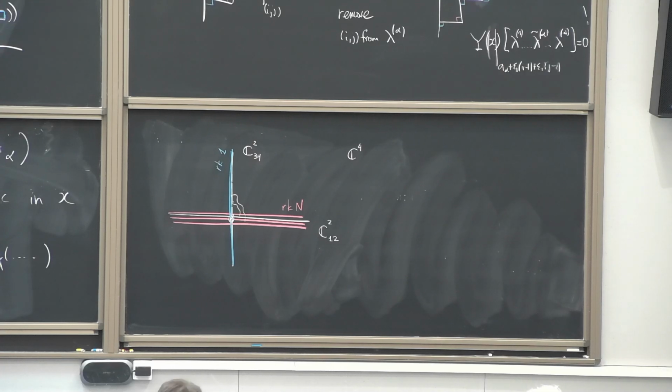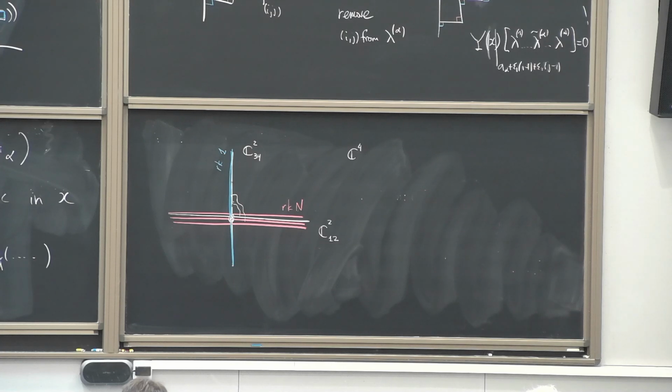So in fact, the way I understand this formula is using non-commutative geometry, but it probably is equivalent. So I reformulate the whole thing as a story living on C4.